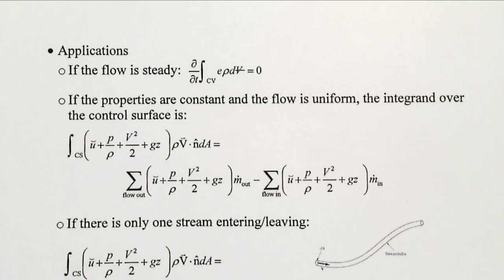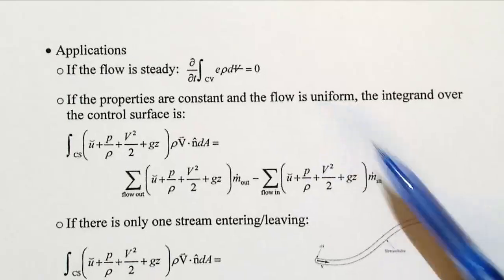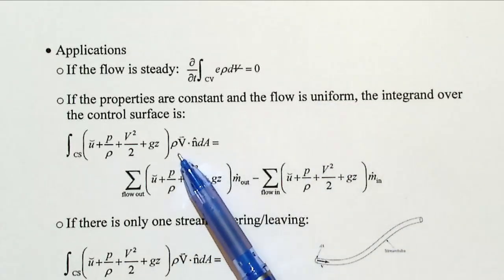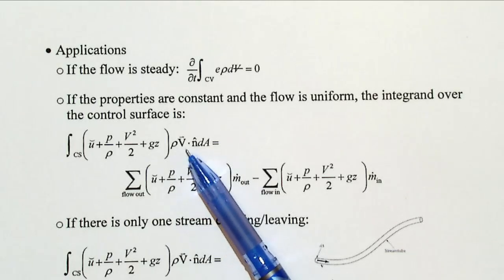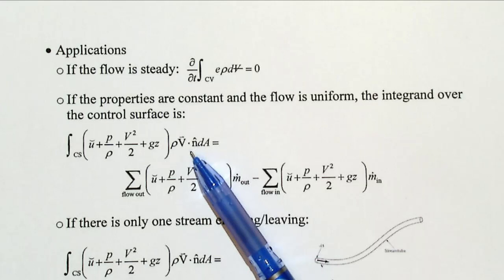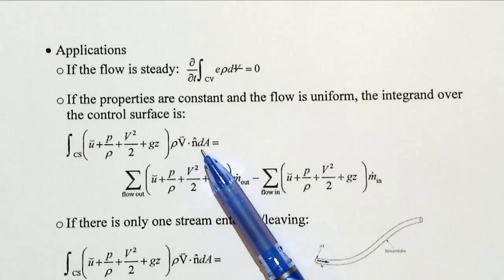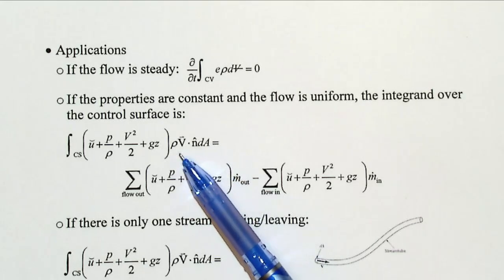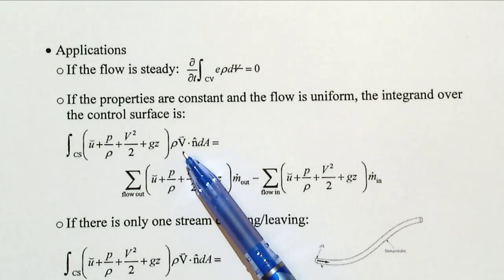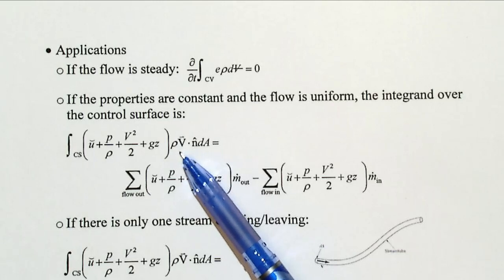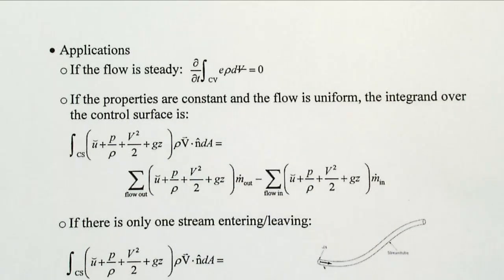Why? Because if the flow is uniform and the properties are constant, it means rho is constant and it goes out of the integral term. And for V dot n, because that's uniform, you don't need to take the integral over the whole area because the flow velocity is uniform, right? You can multiply V by A, and that's going to be your average velocity, the same as your velocity locally; spatially it doesn't change.